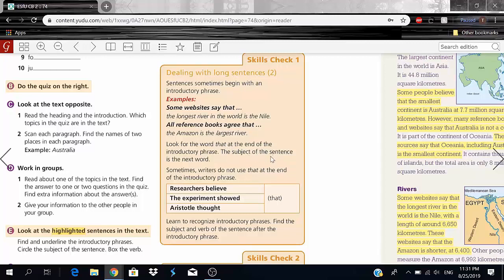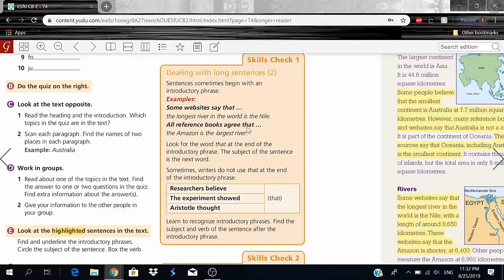So look for the word that at the end of the introductory phrase. The subject of the sentence is the next word. Okay, so you guys see this word here? Anything after that and before the verb is called the subject of the sentence, right? So all reference books agree that, that's an introductory phrase, the Amazon, so the Amazon is the subject of our sentence. Okay, you guys? However, sometimes writers do not use that.